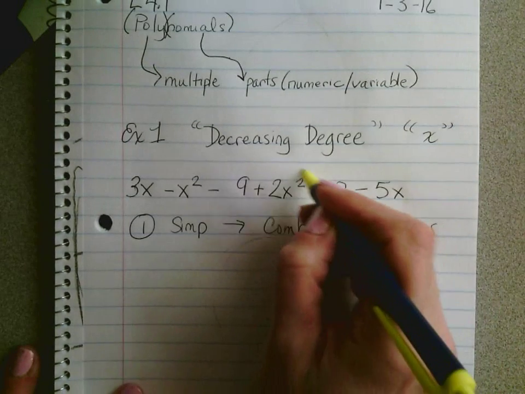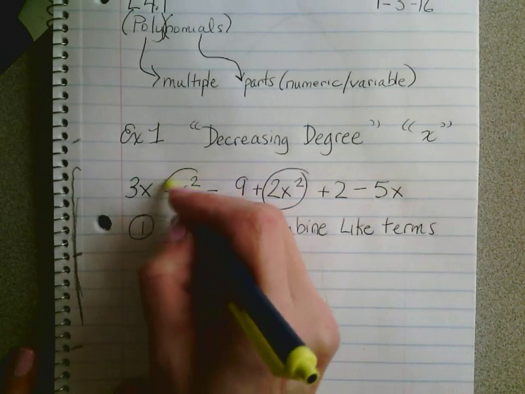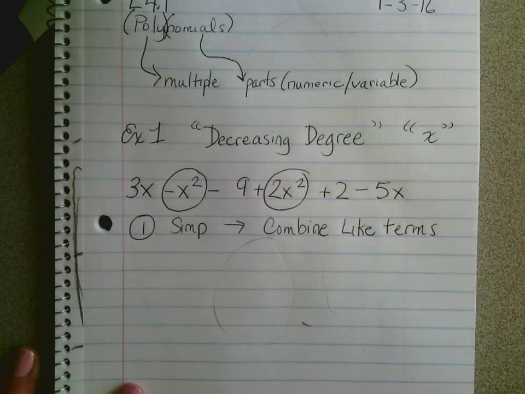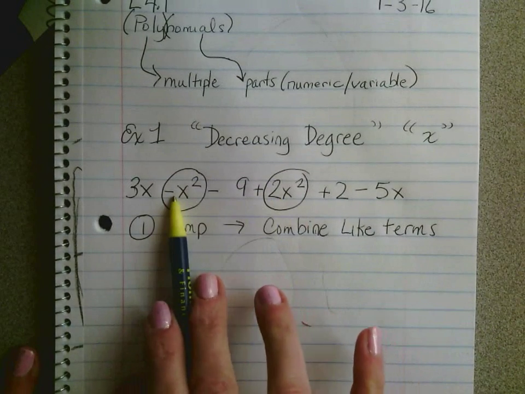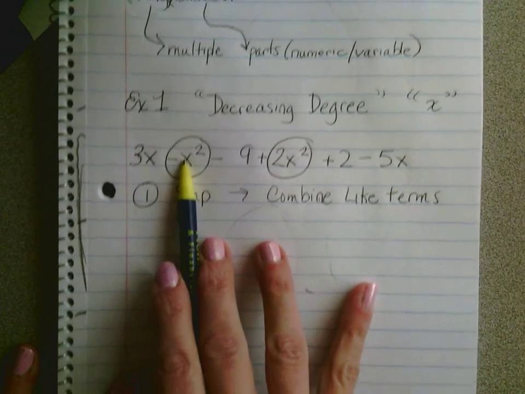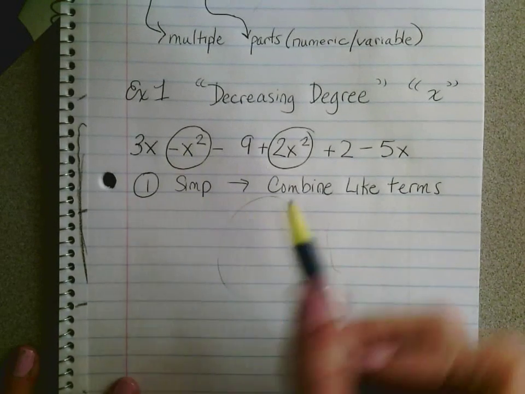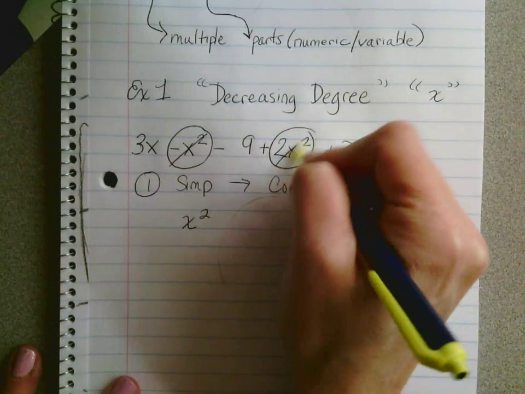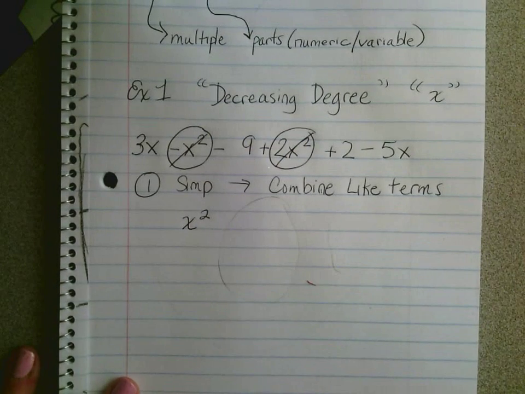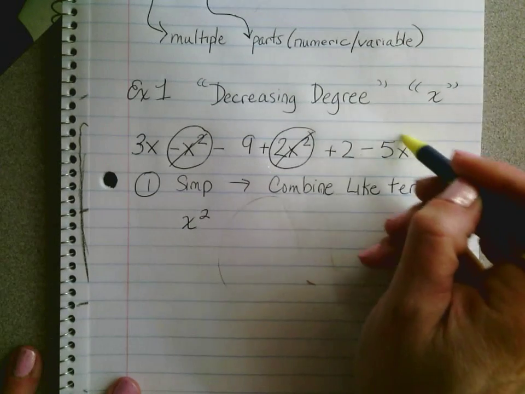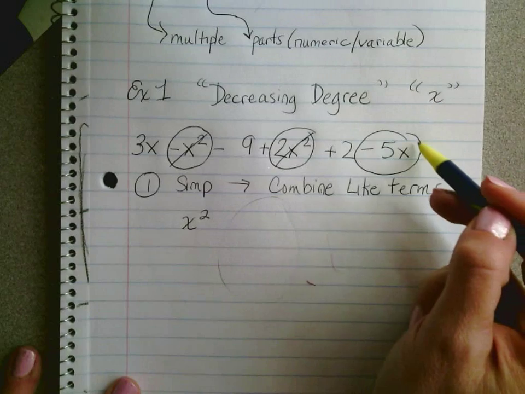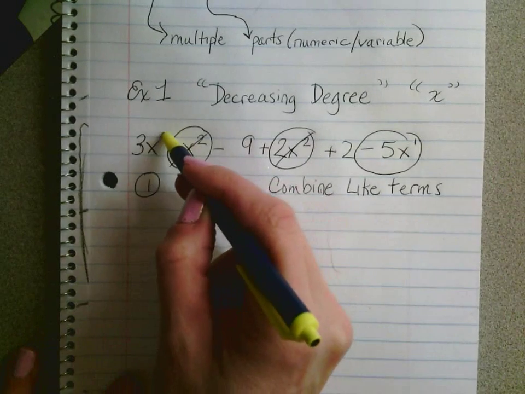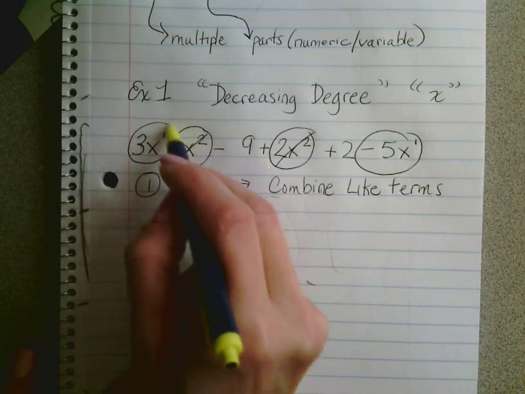So here's our first highest degree. Combining a 2 and a negative 1, how many x squareds do you end up with? 1, right? So I've just combined those. My next component is going to be my x's, a negative 5x, because that's got a degree of 1, and a 3x.